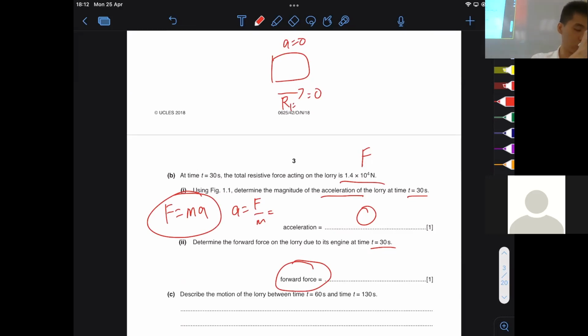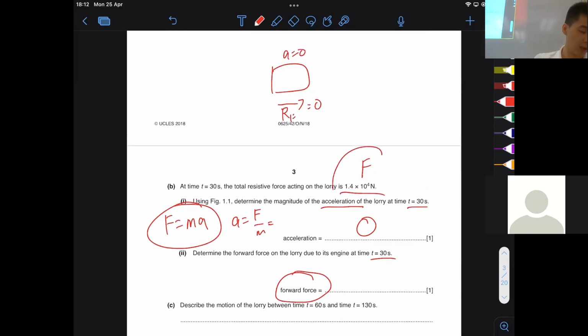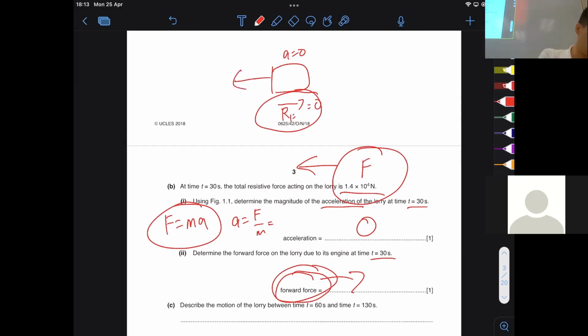Good, very good. There are 2 forces acting from here. This first force is acting in the backwards direction, then this forward force is the one that you're looking for. You know for a fact that the resultant force is 0, meaning if here was 1.4 times 10 to the power of 4 newtons, then here will be how much? Same. Very good. This is how you're supposed to do this question. That's why it's all just 1 mark.